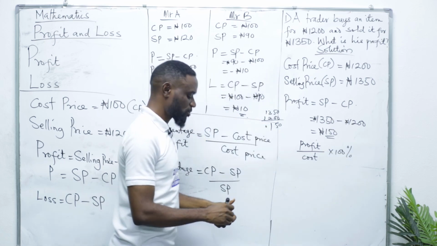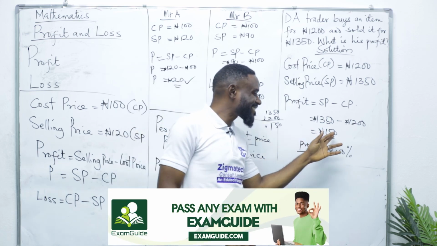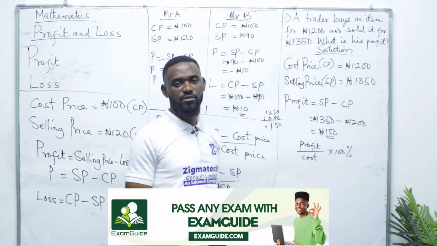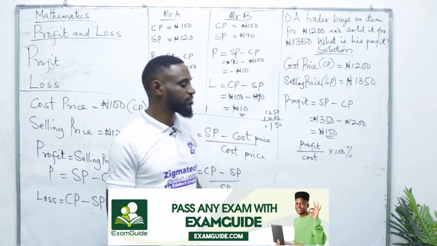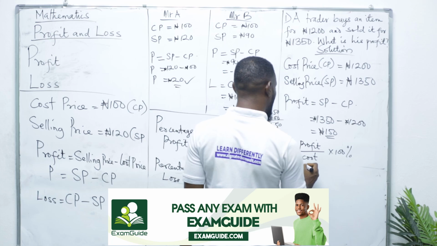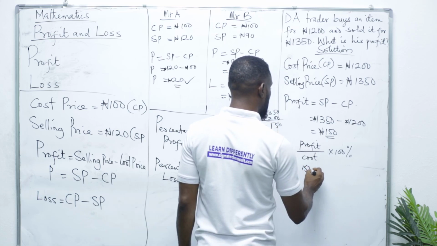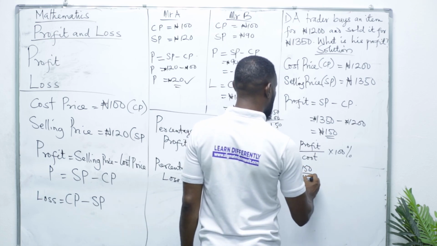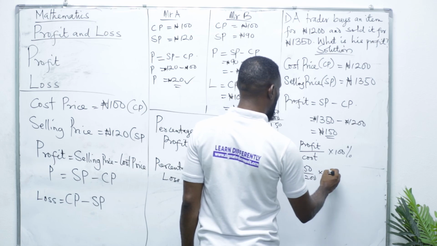That is, if they're asking us to find how many percent of this is what this person made. Is that okay? So we have it as, let's say 150 all over 1,200 times 100%.